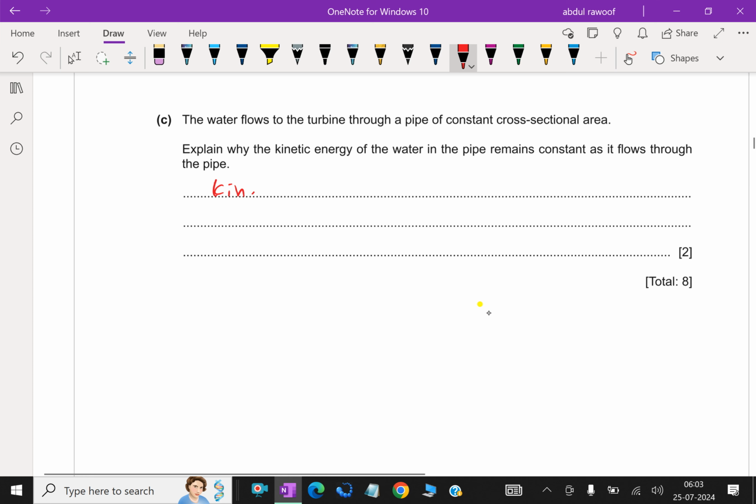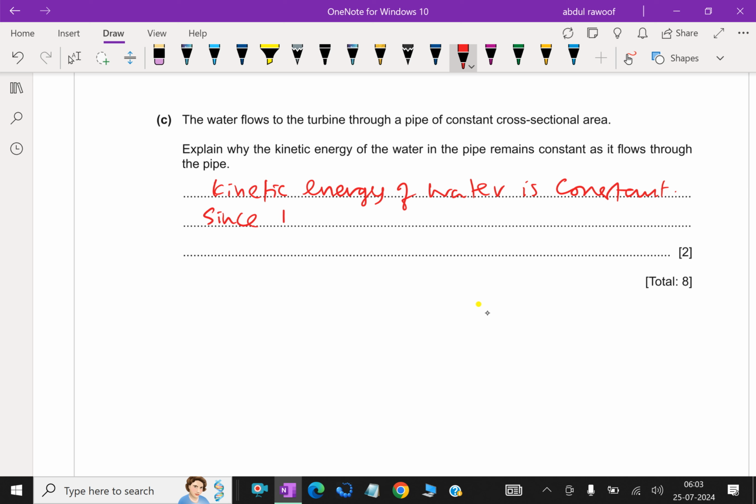Kinetic energy of water is mostly constant since the speed of water in a pipe of equal cross-section is the same, it does not change.